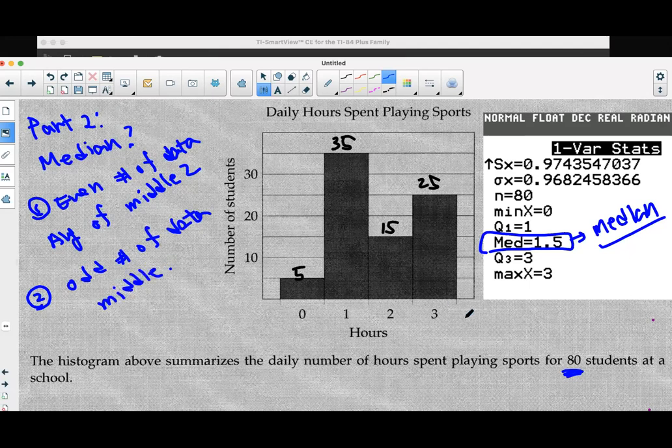But in this case, we have 40 data values. So what are we going to do? We're going to get the average of the middle two. Since I have 80 of them, the 40th and then the 41st are the two middle numbers.